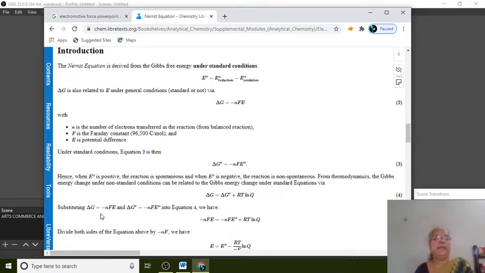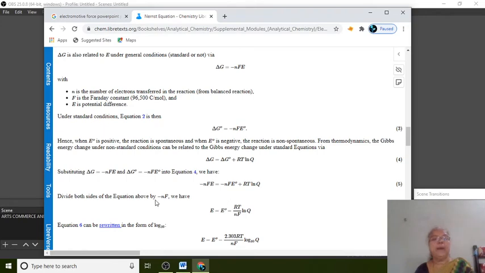So substituting delta G equal to minus NFE, and delta G0 equal to minus NFE0 into the above equation, we get this equation: minus NFE equals minus NFE0 plus RT ln Q. Remember, dividing this equation by minus NF, we get E equals E0 minus RT by NF into ln Q, where ln is the natural log.